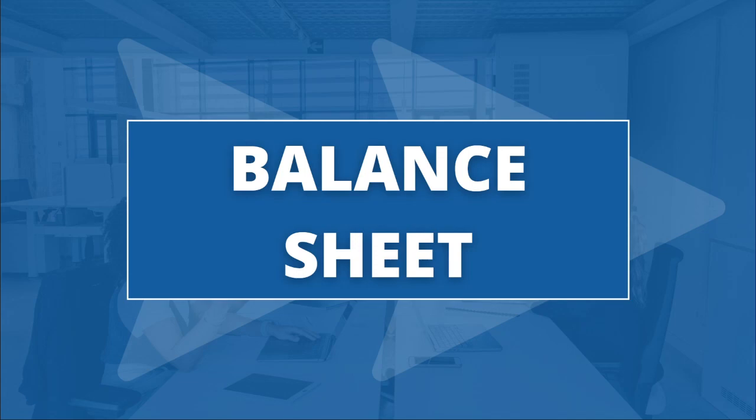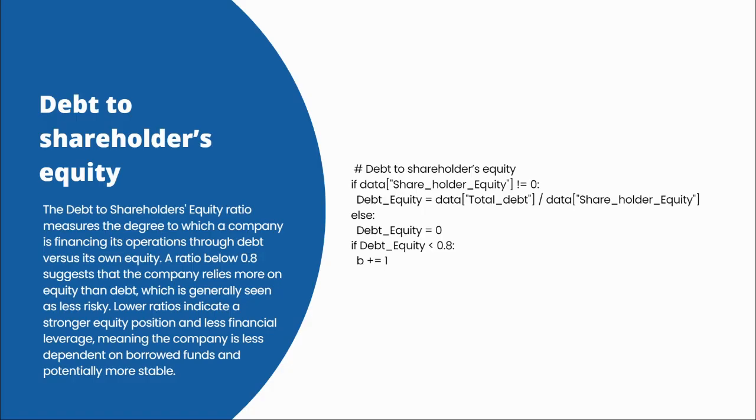So moving on to balance sheet KPIs. Firstly, we have debt to shareholder equity. The debt to shareholder equity ratio measures the degree to which a company is financing its operation through debt versus its own equity. A ratio below 0.8 suggests that the company relies on equity more than debt, which means it is less risky.